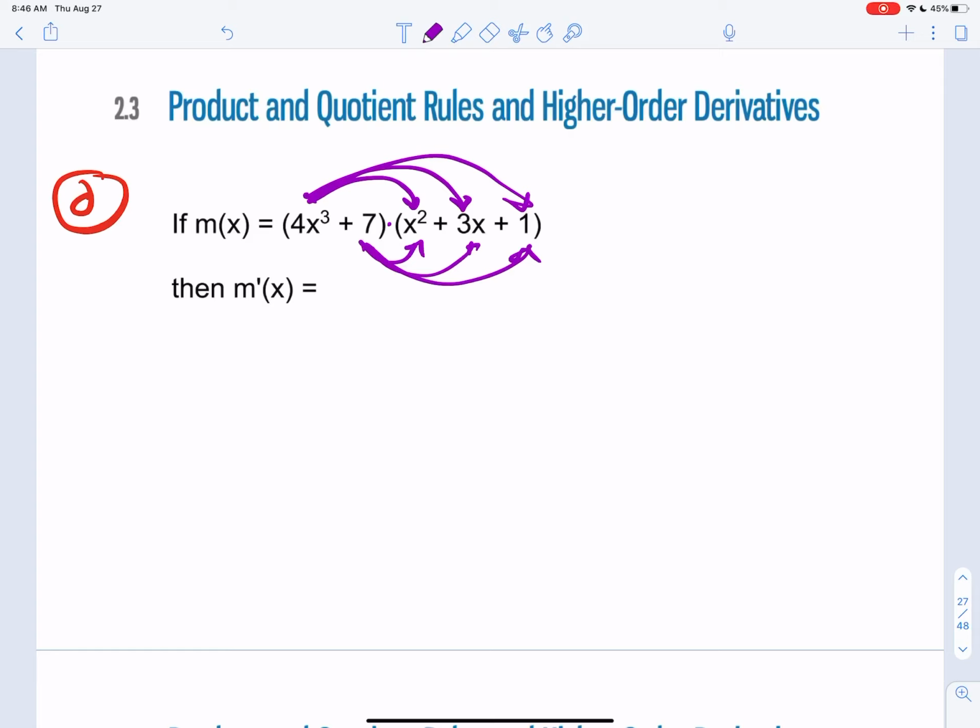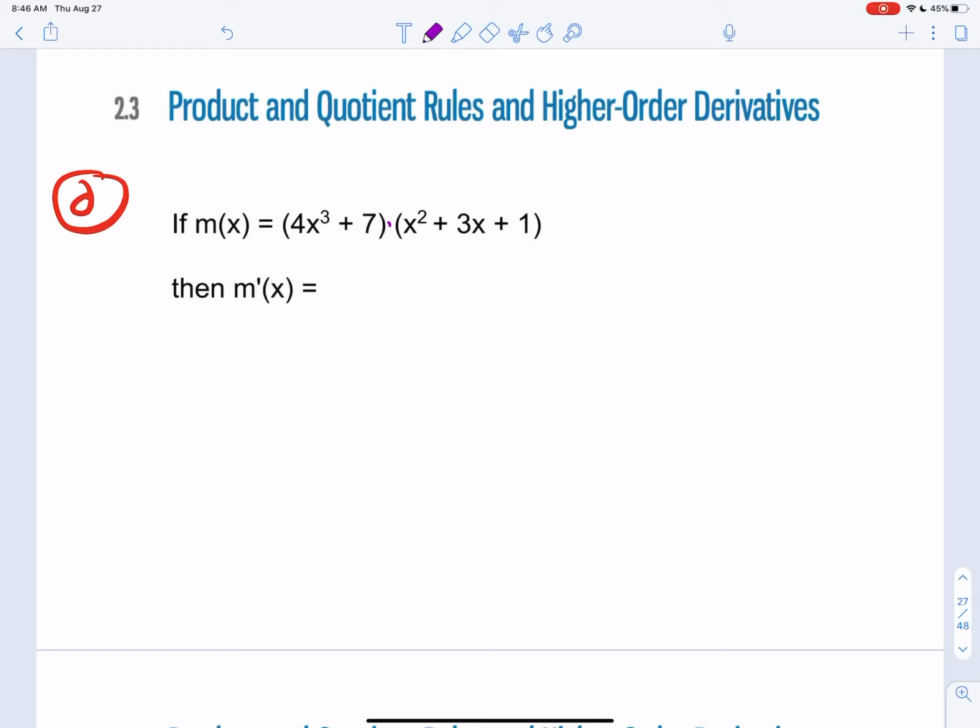Probably not the most efficient way. So this is what I mean. Sometimes, you could simplify it, but why if the product rule will do the same job for you, okay? So here we go. We're just going to leave it as is, okay? Pause and play when you're ready. Do this on your own, okay?